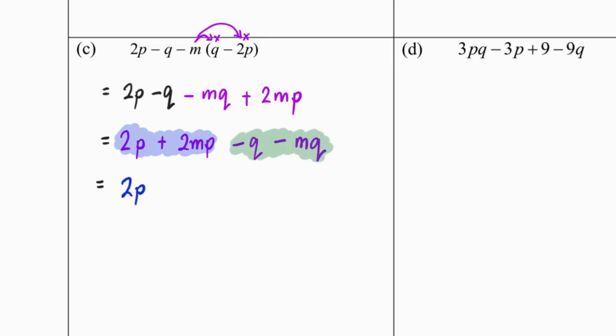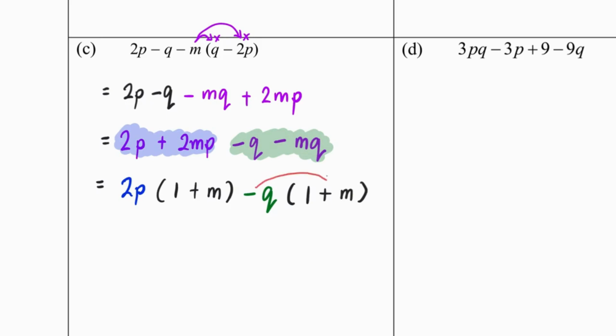2p will be my common factor. Do remember, there's always the 1. 2p times 1 will give me back my 2p plus m. I will have my negative q taken out as a common factor, 1 plus m. Oh, why does Mr. Tan write plus a positive m?